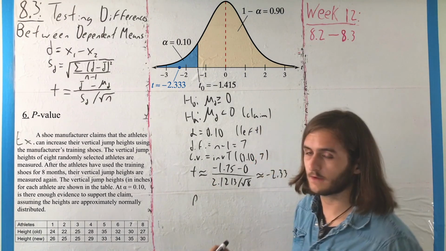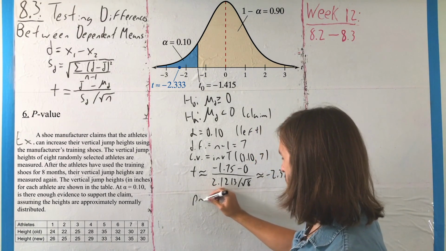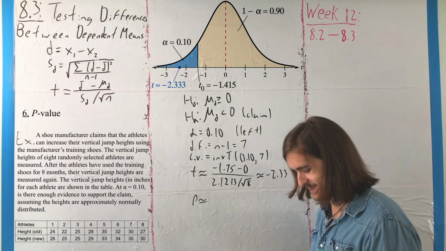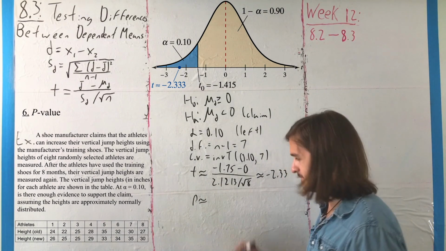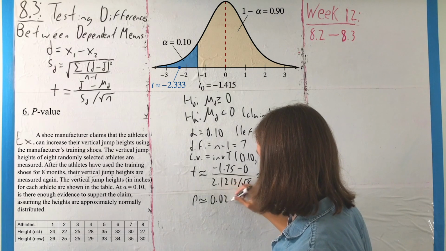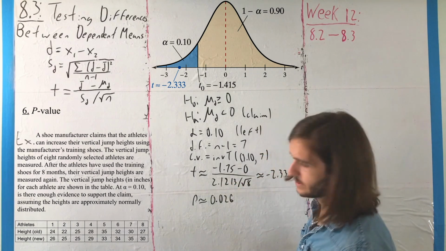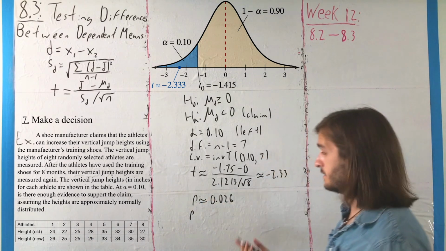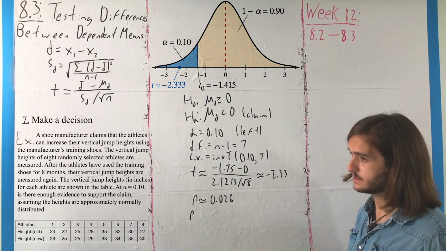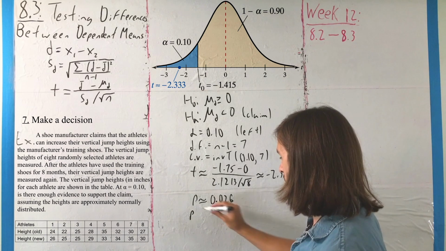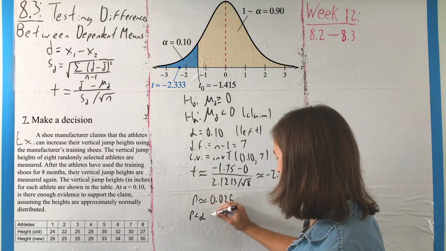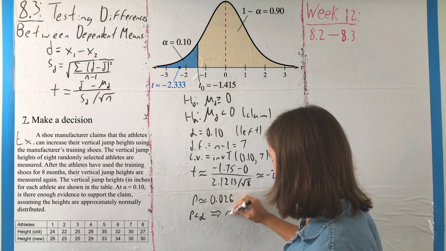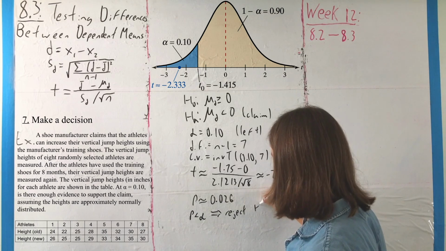In this case, that p-value would end up coming in at approximately 2.6%, where most importantly for our purposes, because either our t-score is in the rejection region or p is less than alpha, we reject the null hypothesis.